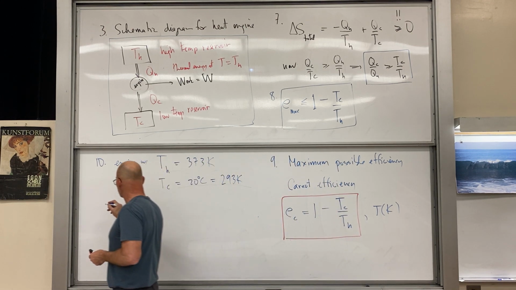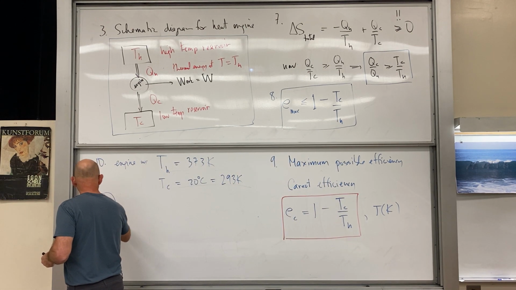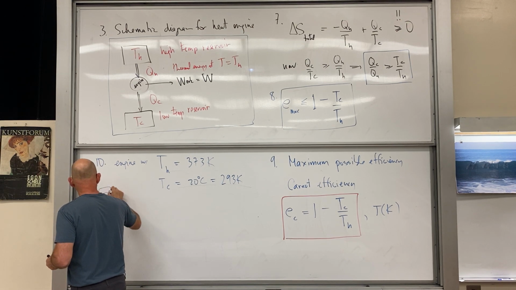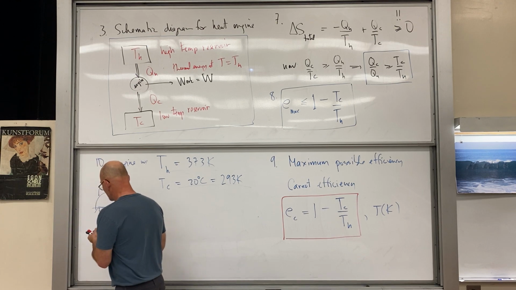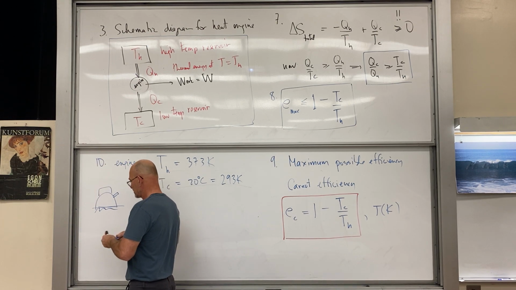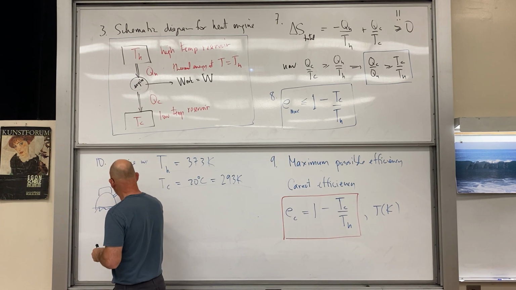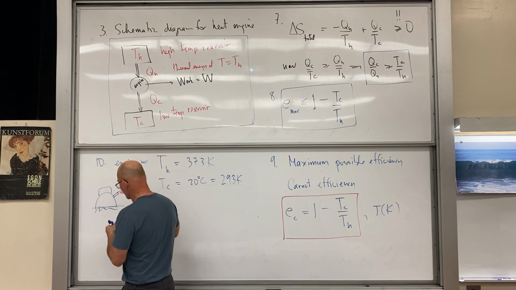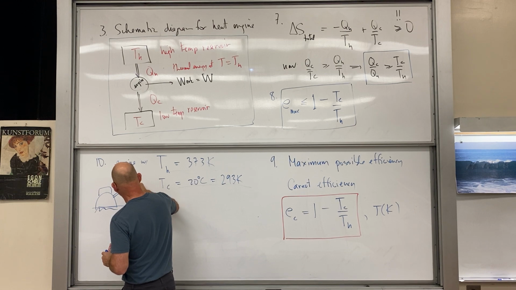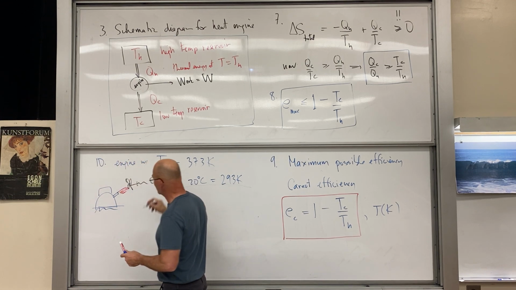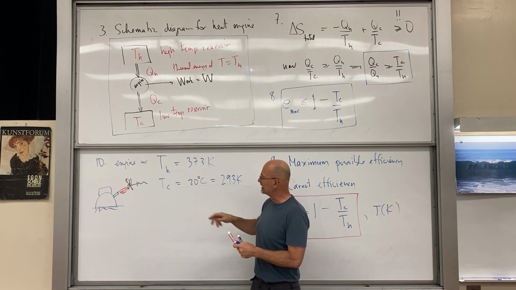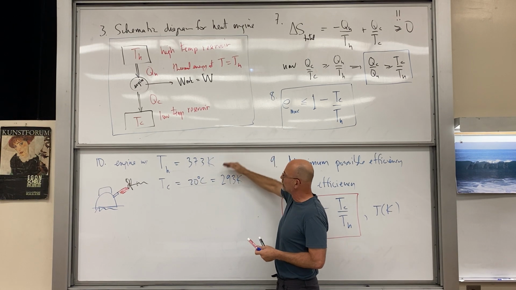Okay. Here, I'll even draw something. So we've got a tea kettle here, and there's a bunch of hot steam shooting out here, and then we have our propeller somehow hooked up to whatever. Okay, that would be an engine that would be running between these temperatures.